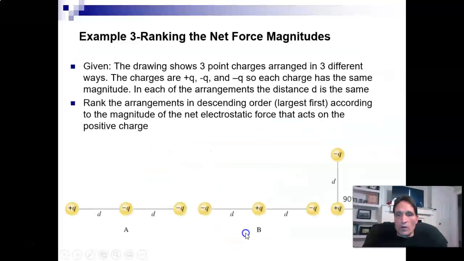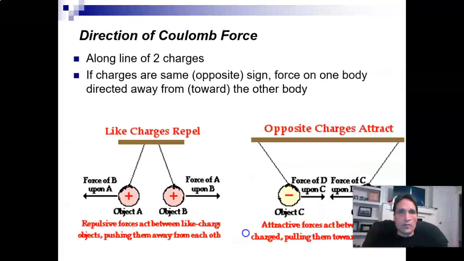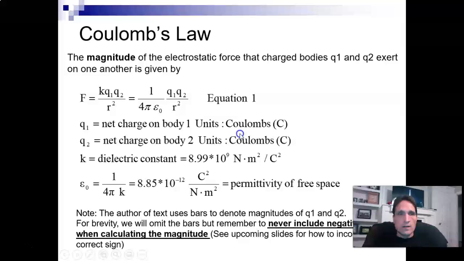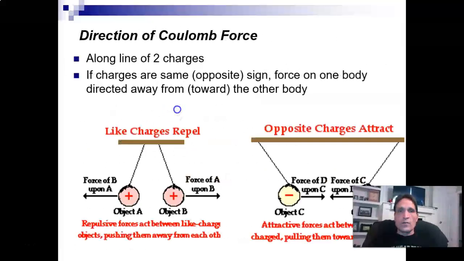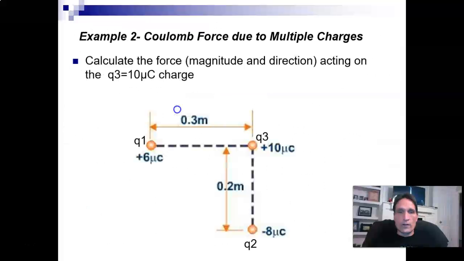Okay, so we're going to apply Coulomb's law, which is right back here. We're going to apply Coulomb's law separately for each pair of forces to get the magnitude, and we're going to get the direction by whether they're attracted or repelled.